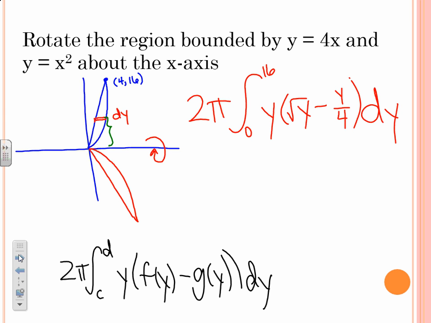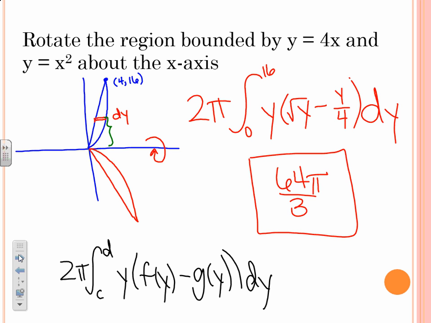Okay, this gave me something. 32 over 3. Wait, hold on, I got times 5. It's a fraction in terms of 64 over 3 pi. Do you disagree?